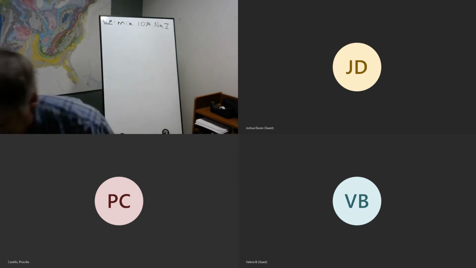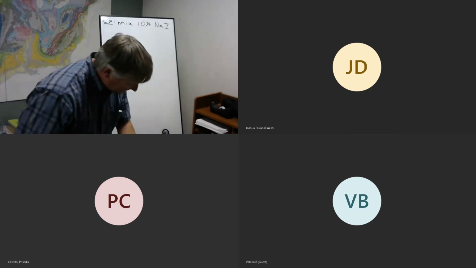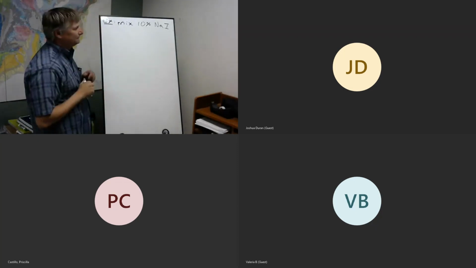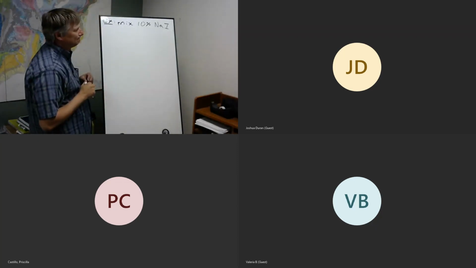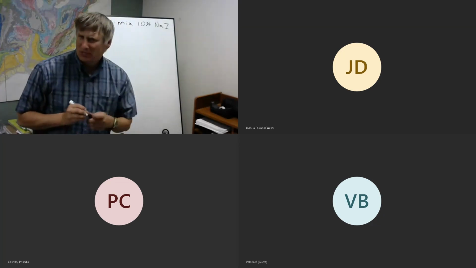Let me double check. Pardon me 1 second. Looks correct. So this is sodium iodide. That is sodium iodine. Double check real quick.